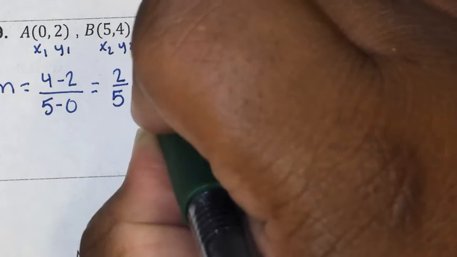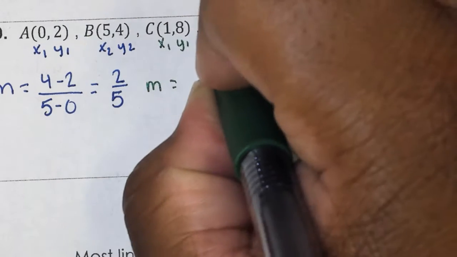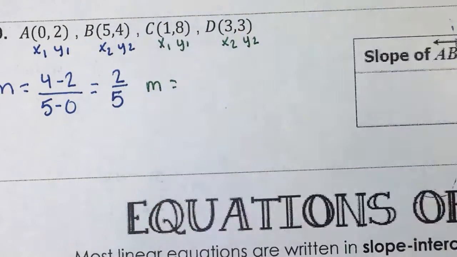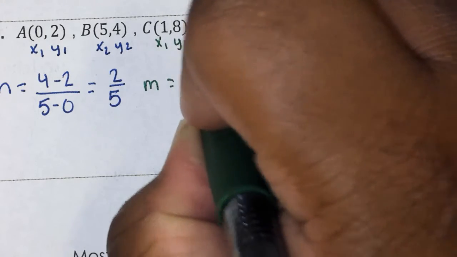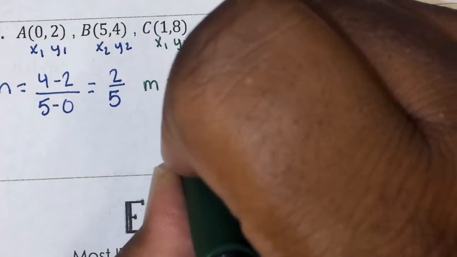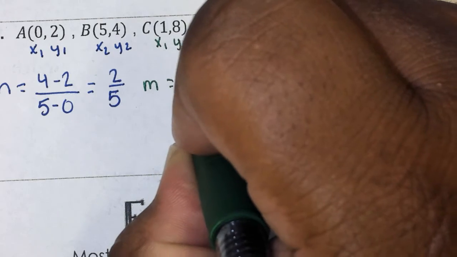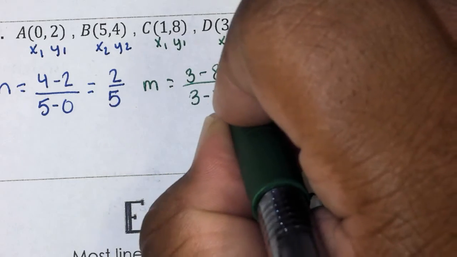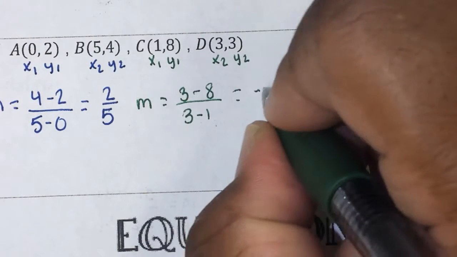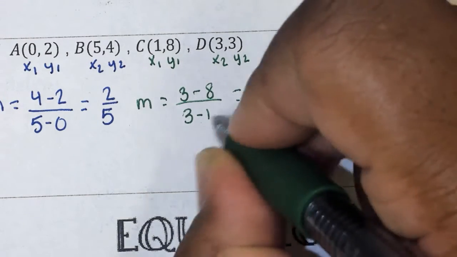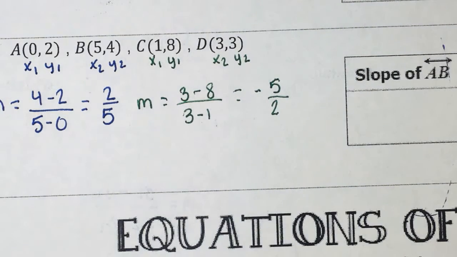You got M equals X1, 3 minus 8. And on the bottom, 3 minus 1. 3 minus 8 will give you negative 5. Bottom, 3 minus 1, 2.